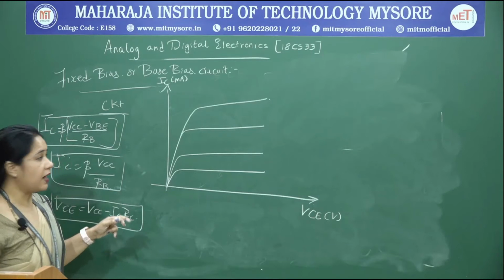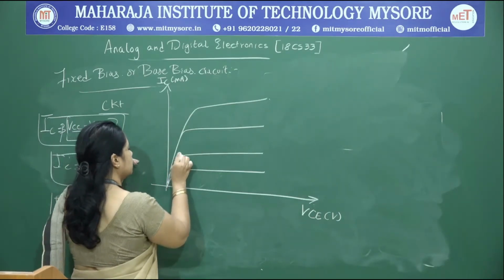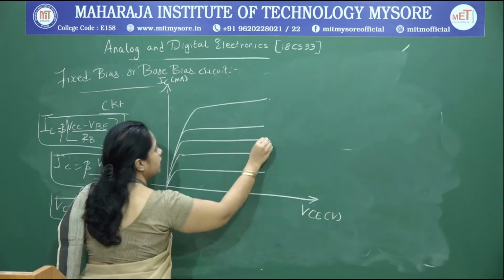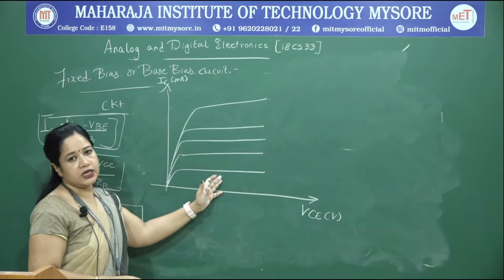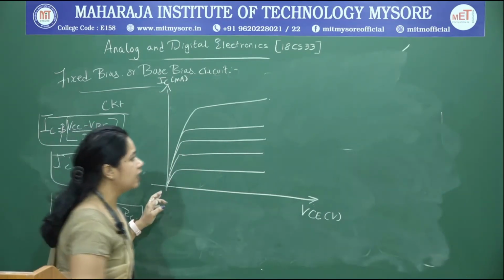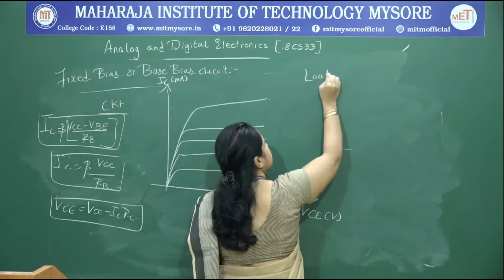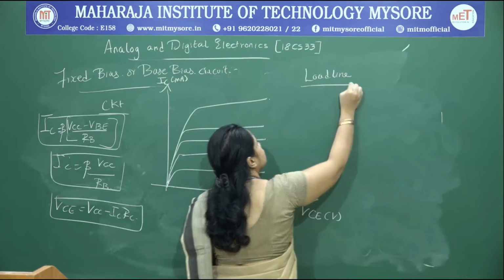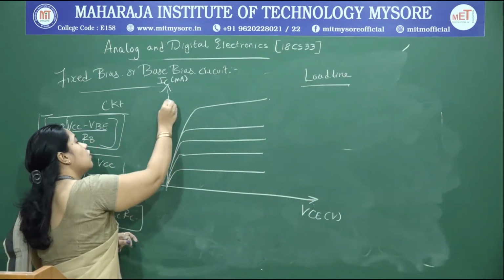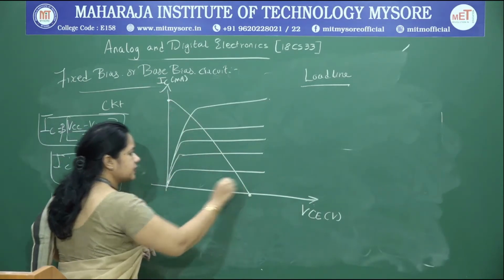Now, I need to determine an operating point on this active region where faithful amplification is done. Before that, we will introduce what is called a load line, the DC load line. A load line is a line which connects a point on your x axis to a point on your y axis.